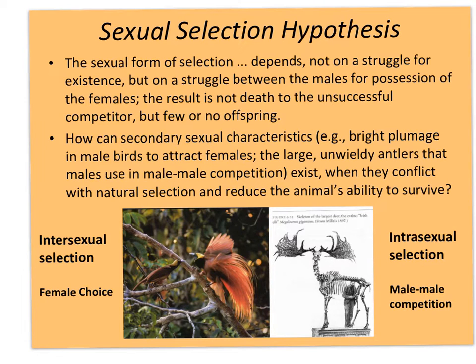The males might have been bigger than the females, or they might have had showier features. Like in birds, feathers, and in some fish, different colors on their scales, all that kind of stuff.